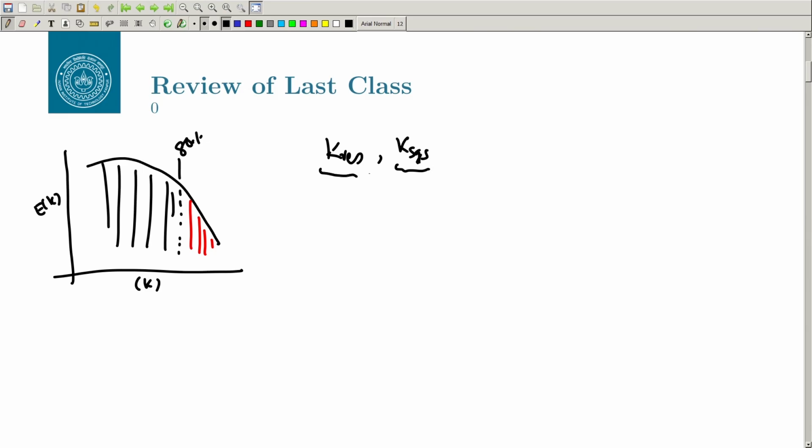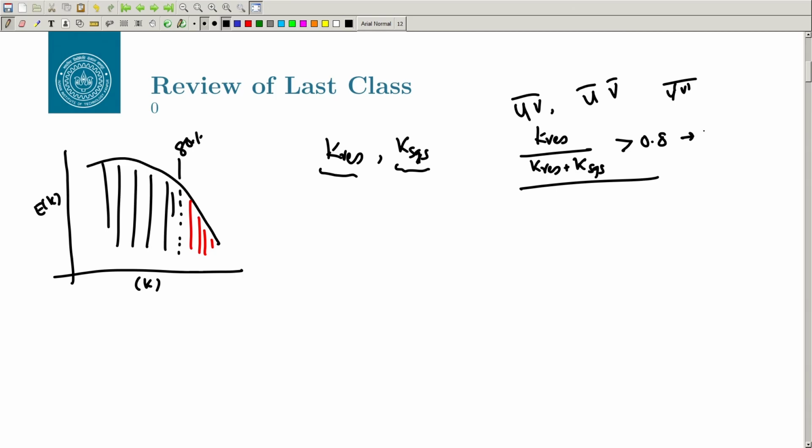K_res you can calculate based on U V bar and U bar V bar: just subtract them and you will get u prime v prime bar. We had this derivation yesterday. You can calculate the ratio K_res by K_res plus K_SGS, or K_model, whatever. If the value of this is greater than 0.8, then it is a good quality LES.